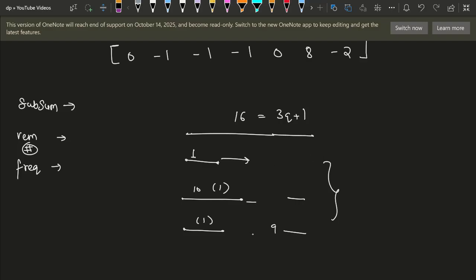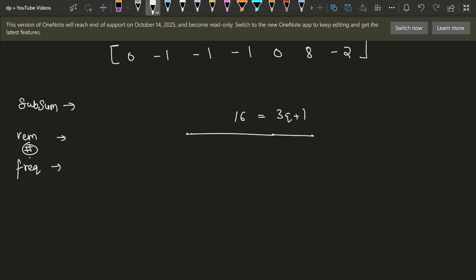So we are required to keep track of the frequency. That is why we are going to keep track of how many times a remainder has come. And at every instance when we are looping through this array, at every index we are maintaining a sum, then calculating the remainder of it.